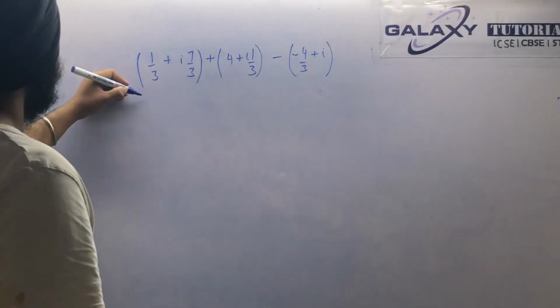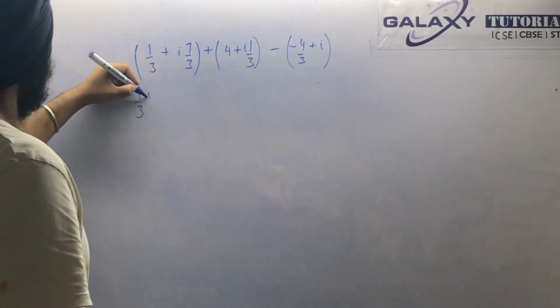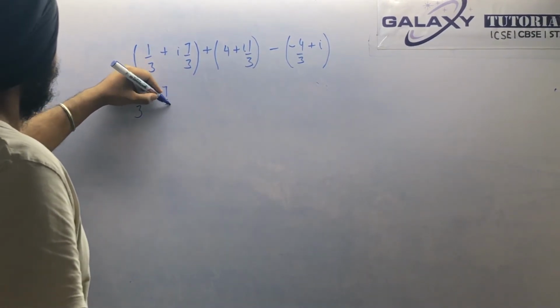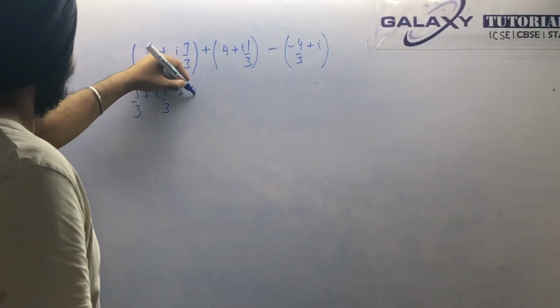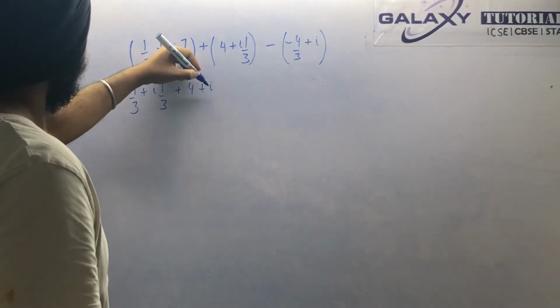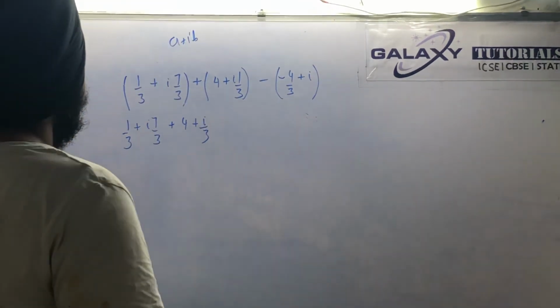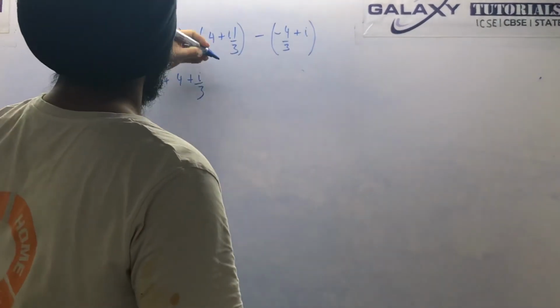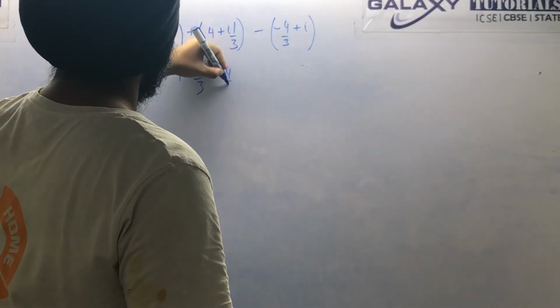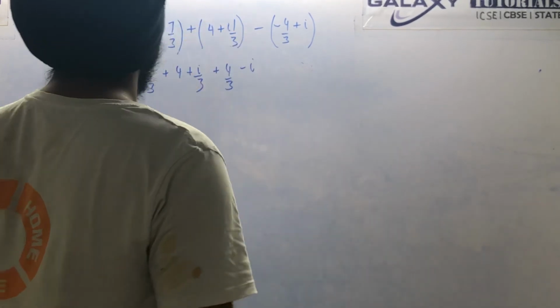Just open the brackets. We have to express in a plus iota b form. Okay, so this is minus minus plus 4 by 3 minus iota.